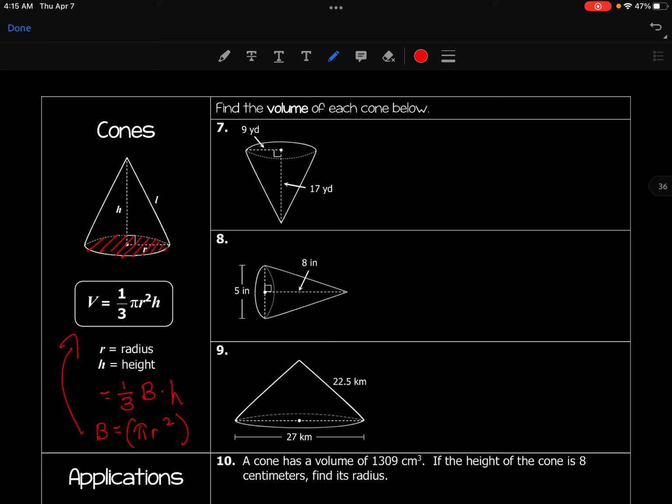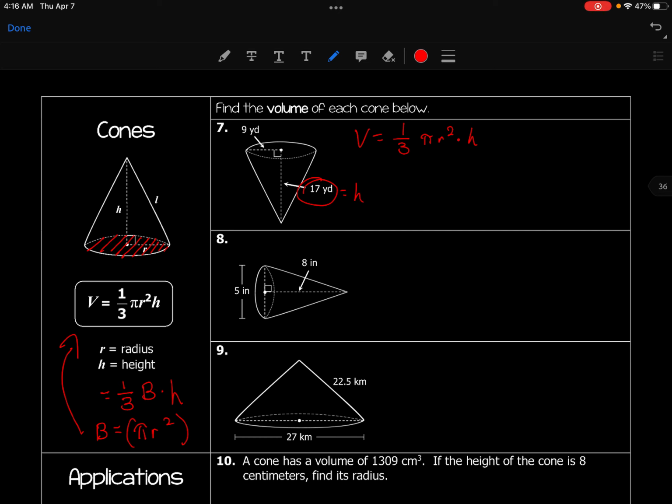Let's do an example. We are given that volume is equal to, for a cone, 1/3 pi r squared times the height. First, we're given that the height is 17. Perfect. Now we just need to find the radius.